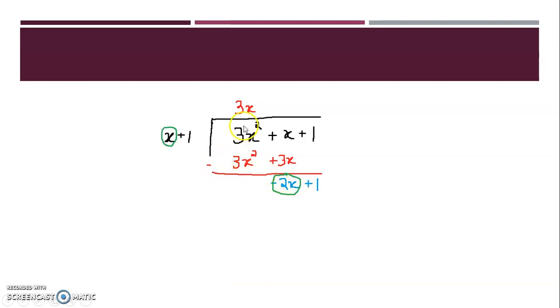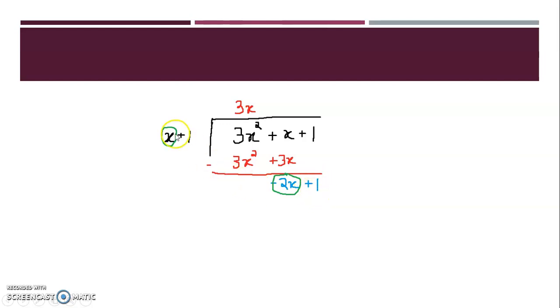So subtracting, 3x square minus 3x square will be 0, and this 3x will become a minus 3x. Okay, minus 3x plus x, that will be minus 2x. Then we bring down the 1.